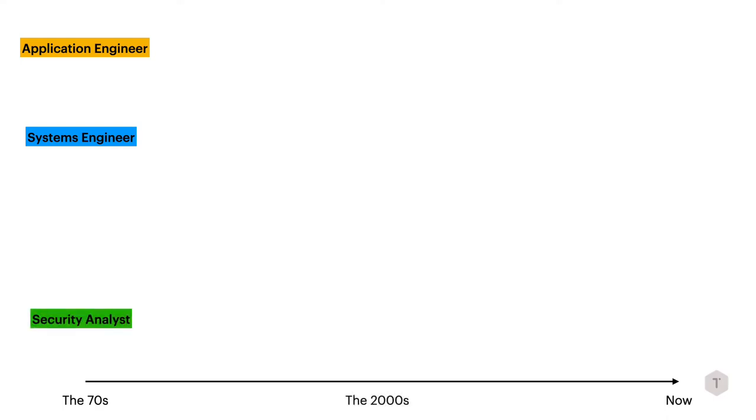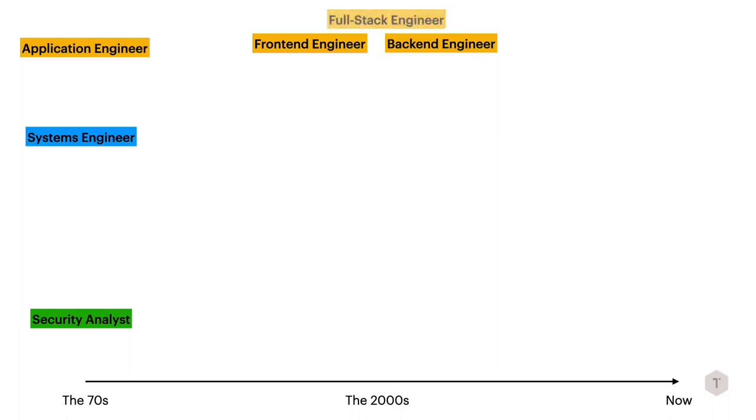As we head towards the year 2000, new programming languages and approaches made it much easier for people to make applications, and so the application engineering role divided into front-end and back-end engineers, with full-stack engineers sitting across both. We also saw new programming environments emerge, giving rise to mobile engineers and embedded engineers. Around the same time, the system engineer role group divided into 2 groups.